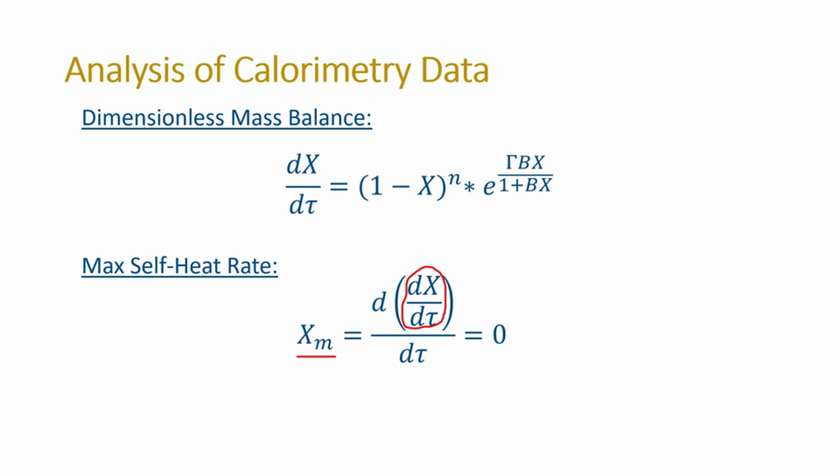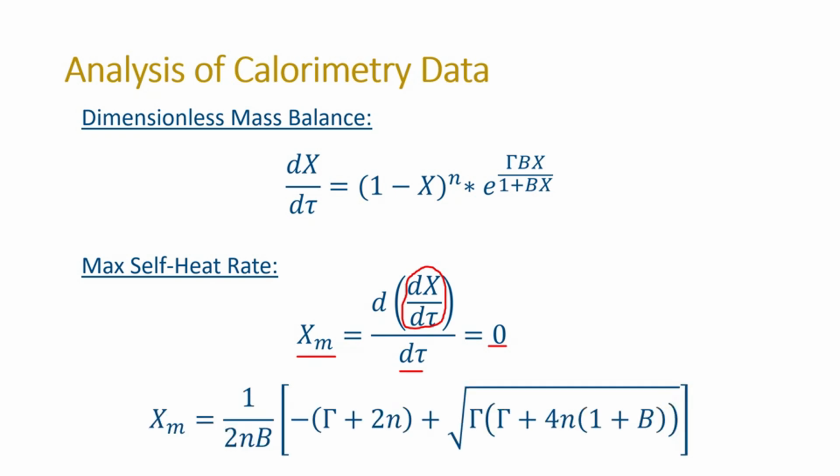If we differentiate that with respect to dimensionless time again, and set the result equal to 0 to find the max, after a bunch of algebra, we can solve for the conversion at the max self-heat rate. And it's going to be equal to a term that involves all these variables that we defined so far, like the reaction order and the dimensionless adiabatic temperature increase and the dimensionless activation energy.